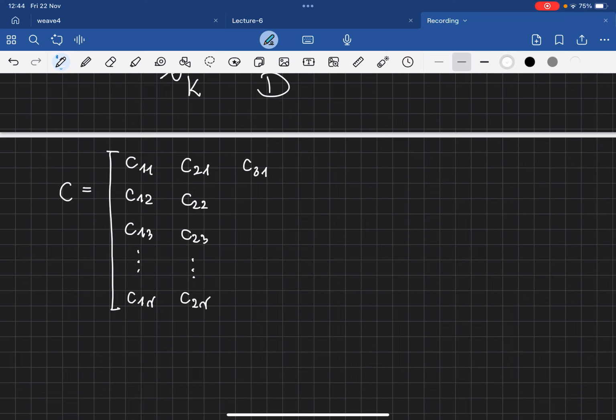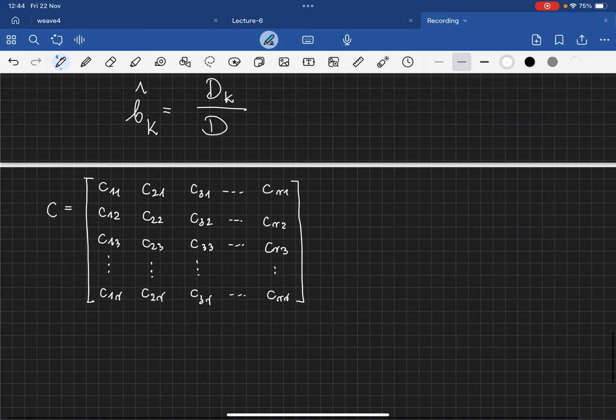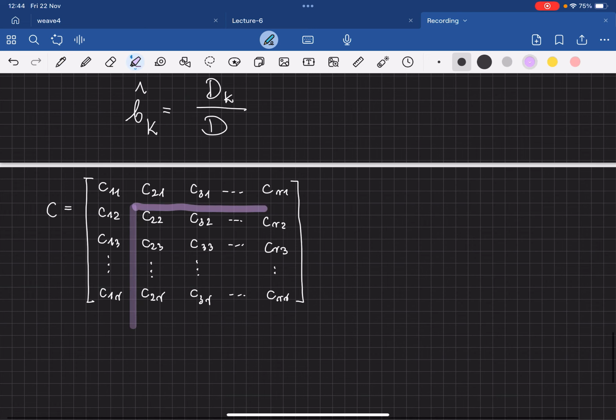Let me use a little bit of your patience and write this down, say once here, up to the very end, CR1, CR2, CR3, CRR. Okay, so this is our covariance matrix. The main determinant is calculated from this matrix.